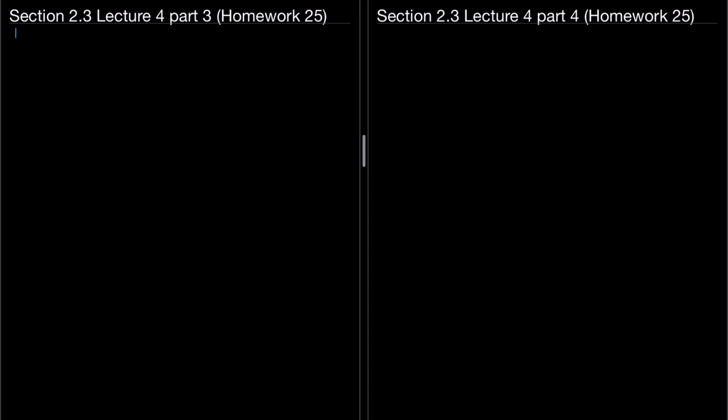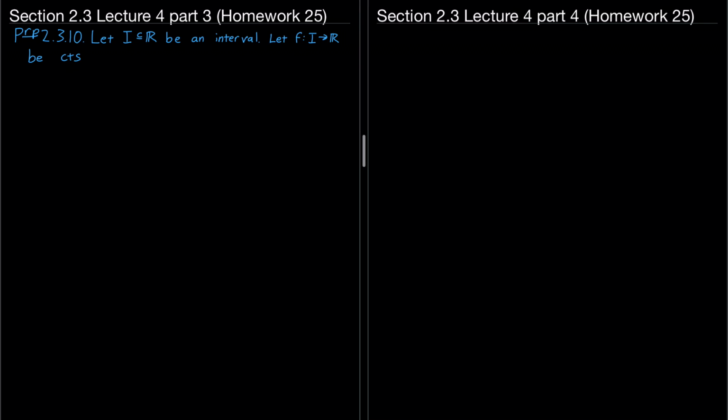The last result in section 2.3 is proposition 2.3.10. So here's how this works. We're going to let I be an interval, and let f be a function whose domain is our interval I. And we're going to say that f has to be continuous and differentiable.